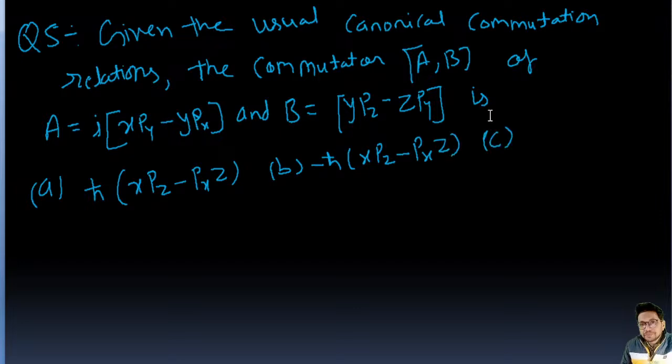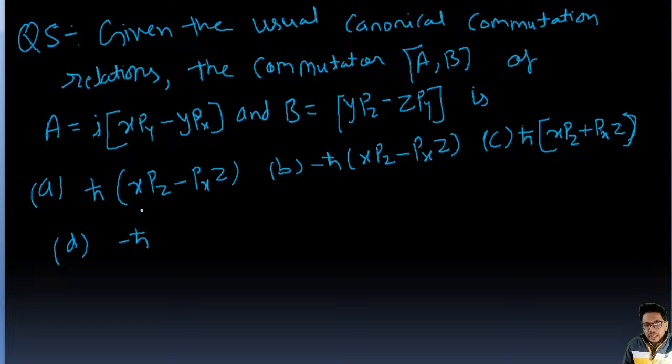Option C is h cut (xpz plus pxz). Okay, and option D is minus h cut (xpz plus pxz).